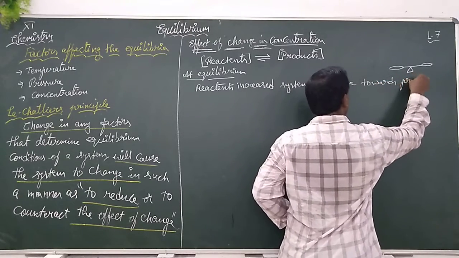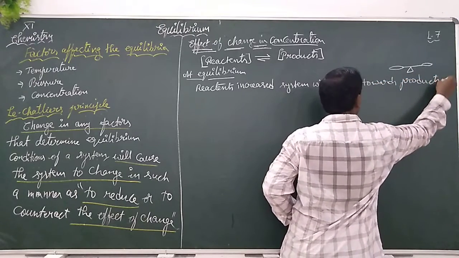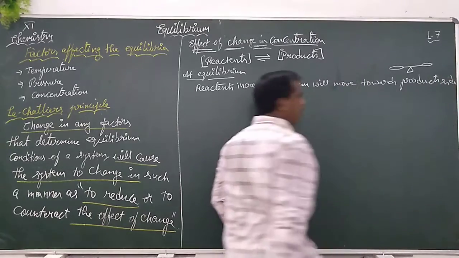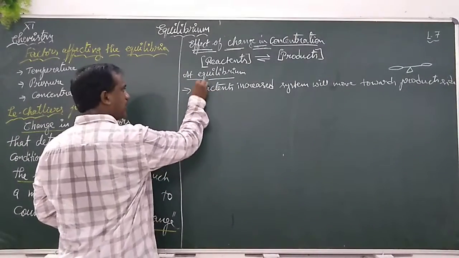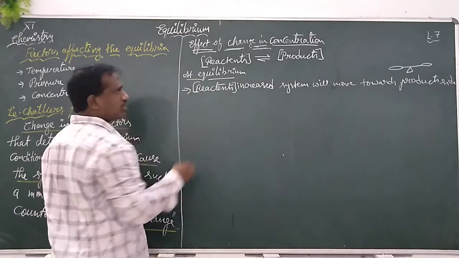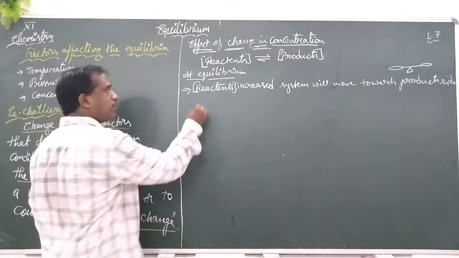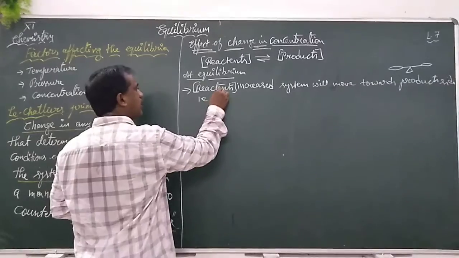Which side, children? Towards the product side. When the concentration of reactants increases, the system moves towards the products. That means it favors the forward reaction.